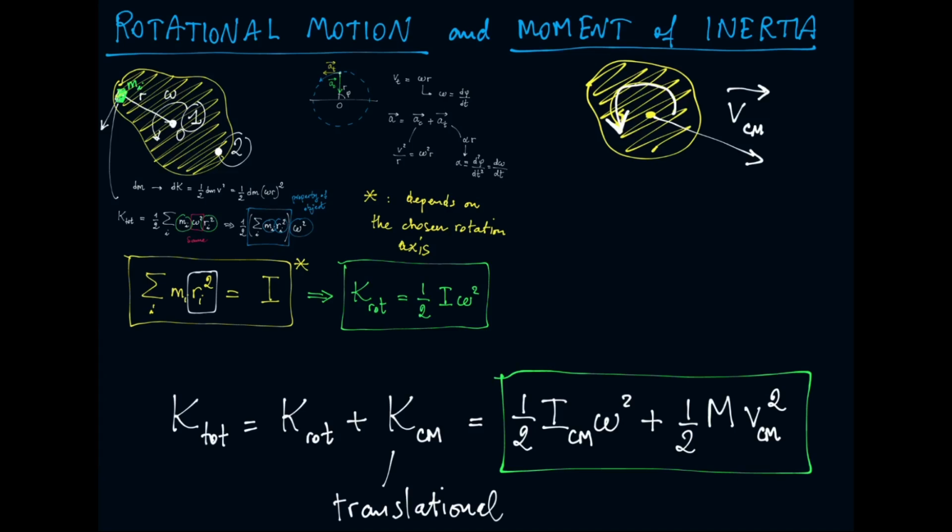I should give you a little caveat that this is always about the center of mass, even though in principle an object may be rotating around a different axis not passing through the center of mass, in which case this expression is still valid, but the rotational term might be a little more complicated to write down. But let's not get into these unnecessary details.